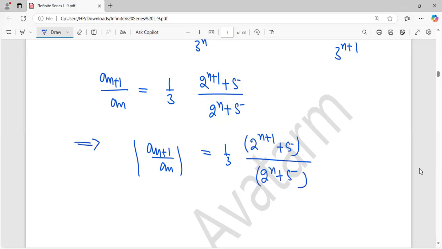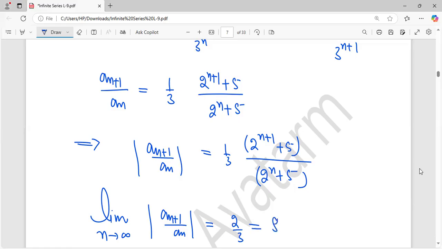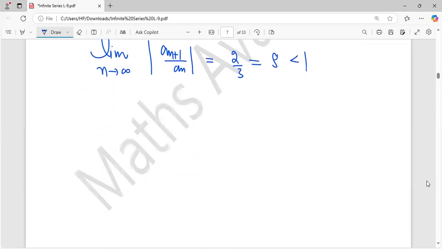So what is the limit? This limit is nothing but 2 by 3. That is rho, and rho is less than 1.